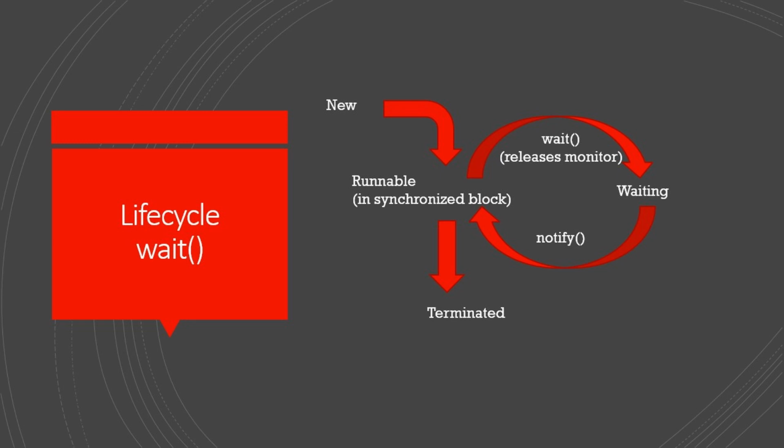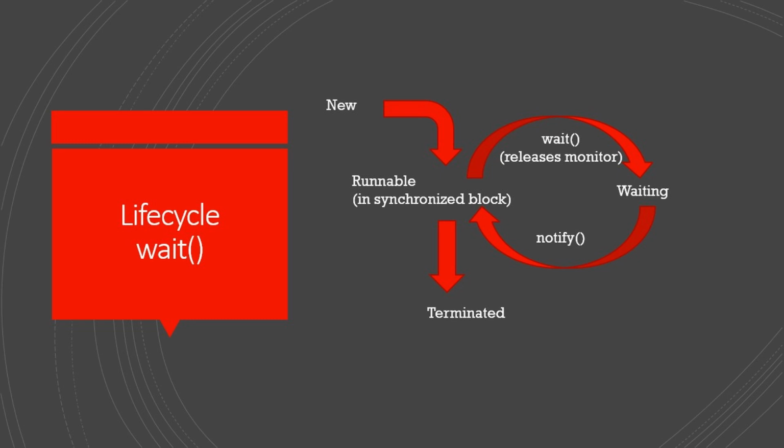Then, if it is free, the scheduler will assign the monitoring object to your thread and then hopefully let it continue running. If it isn't, then we'll have to return to our previous slide and your thread will go into a blocked state. Okay, so that's important to remember here.